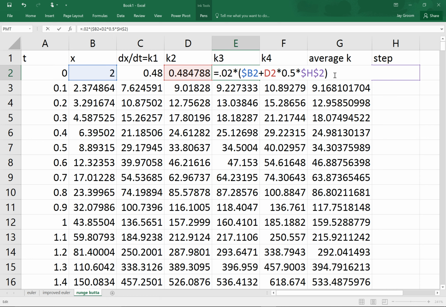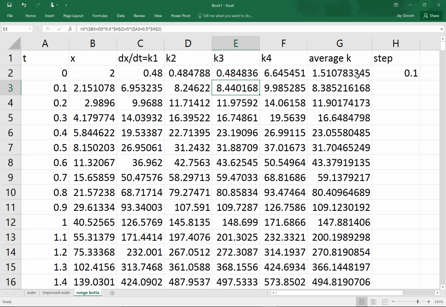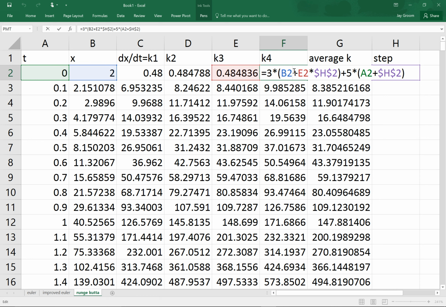0.02 times parentheses 14 minus, again copy that, so Control C, Control V. Notice how those three are about the same. They should be. And again, lose this portion.